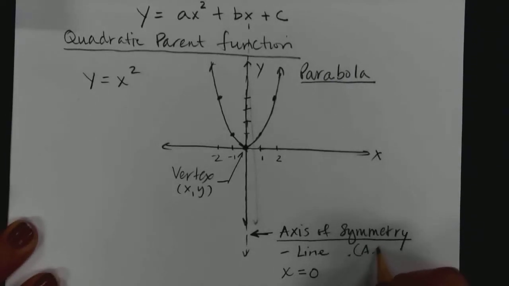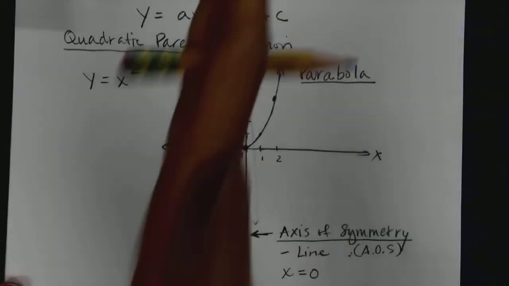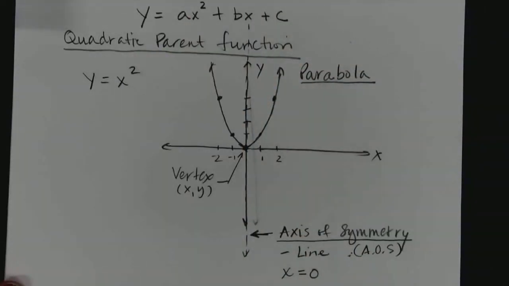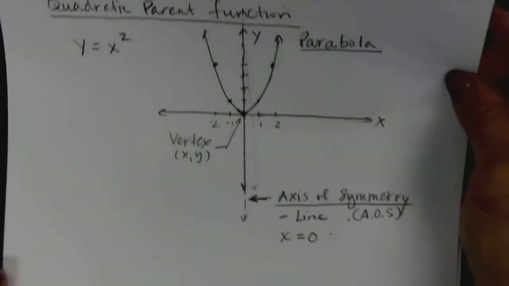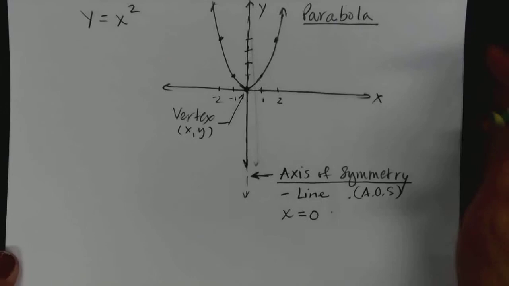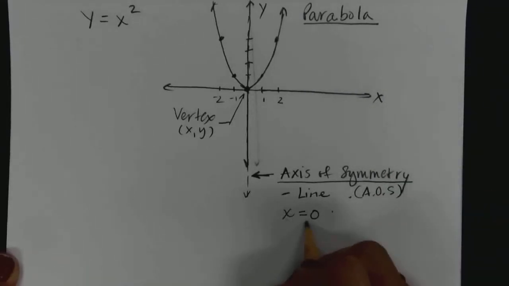And I'm going to use the acronym AOS because I'm not going to write axis of symmetry every time. So AOS stands for axis of symmetry, and it is an imaginary line that divides the parabola in half. So when I ask you to find the AOS, you're giving me the equation of a line, so it has to start with x equals something.